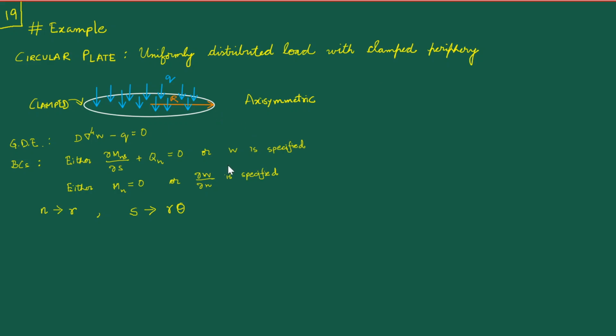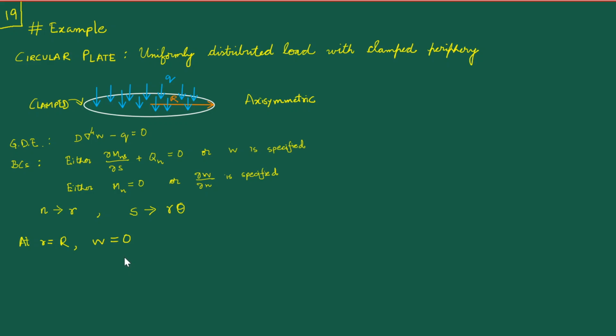So from this condition, we know that W is specified all around the periphery. If this circular plate has a radius of capital R, we can immediately say that at r equal to capital R, W is equal to 0.